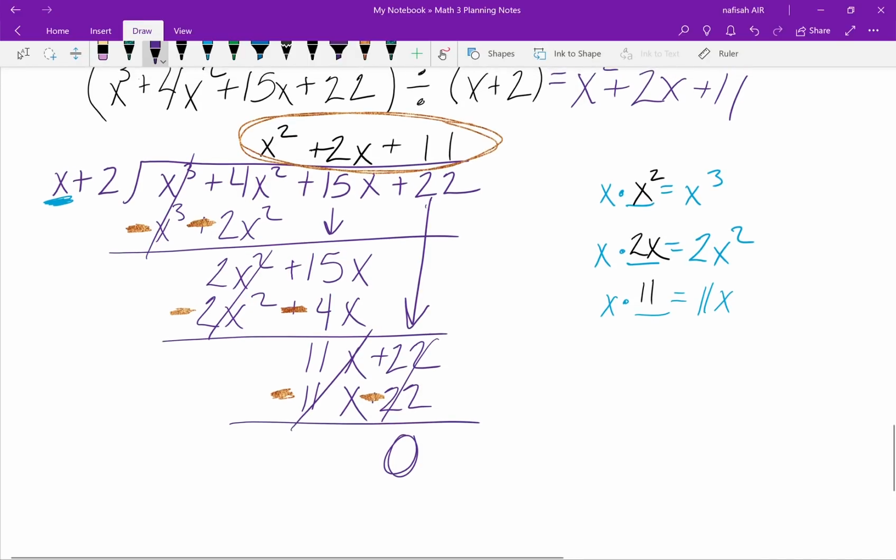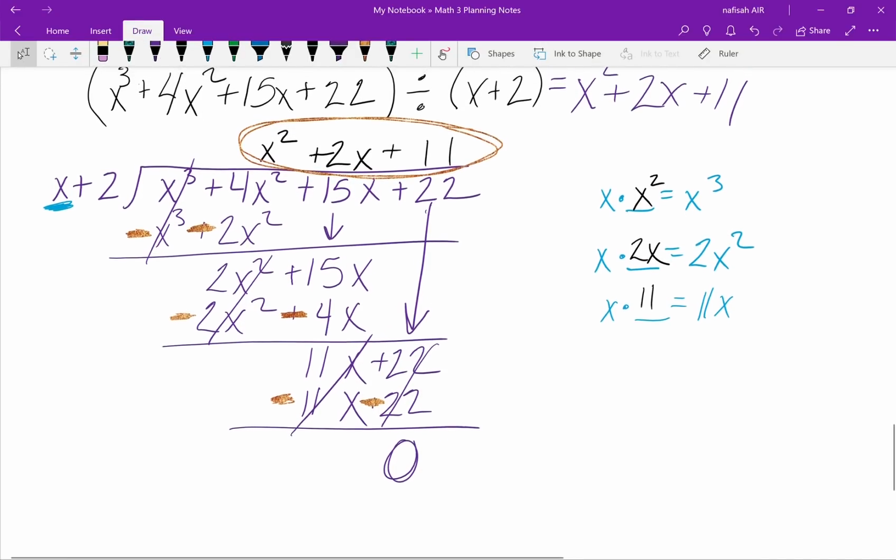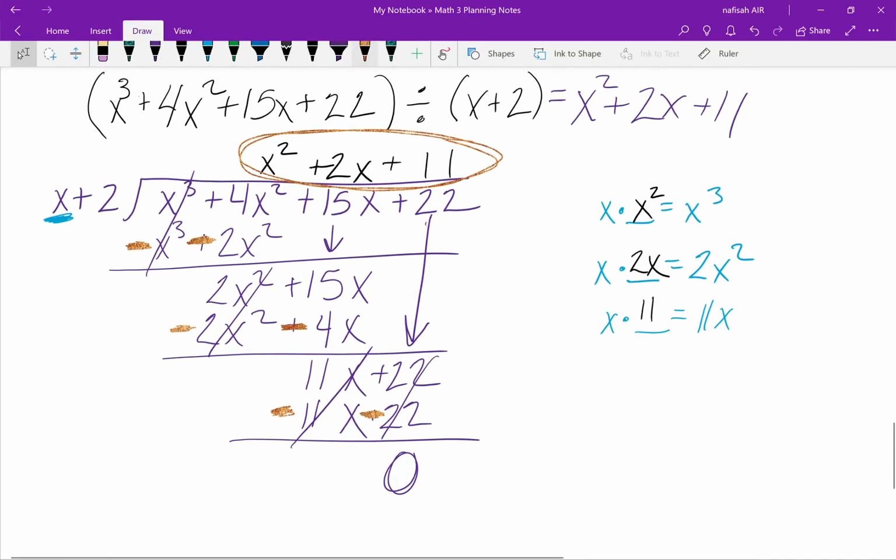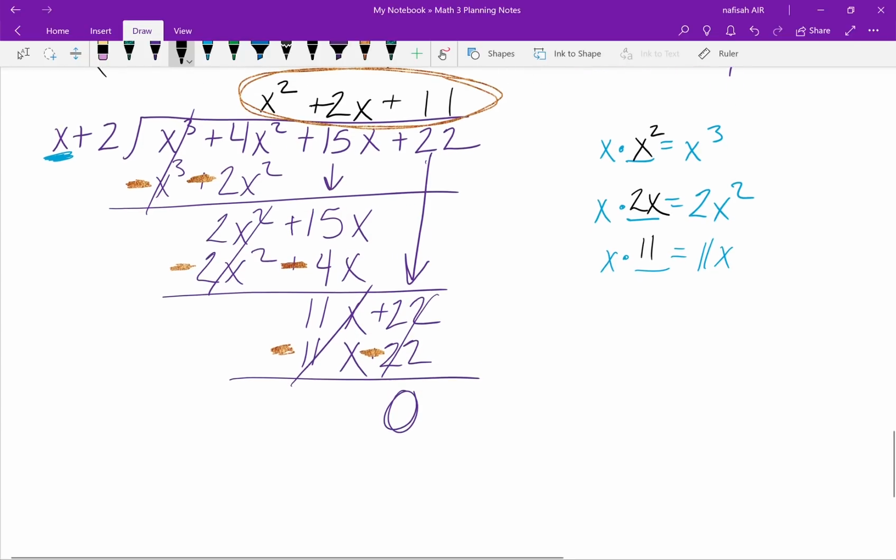The cool thing about this is that I don't have to use long division because my leading coefficient is 1. Only because the leading coefficient is 1, I can use synthetic division.